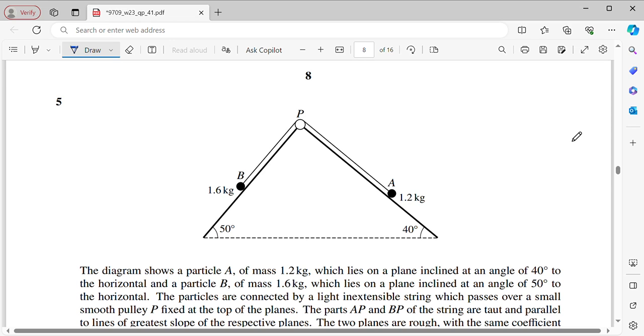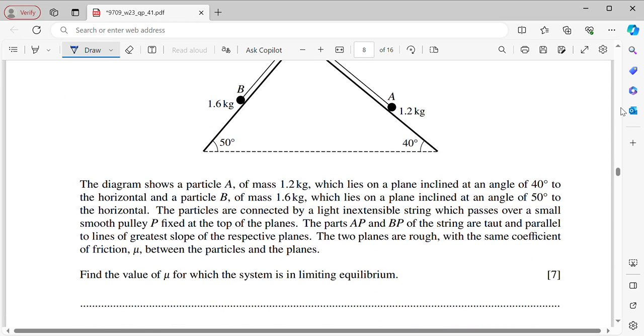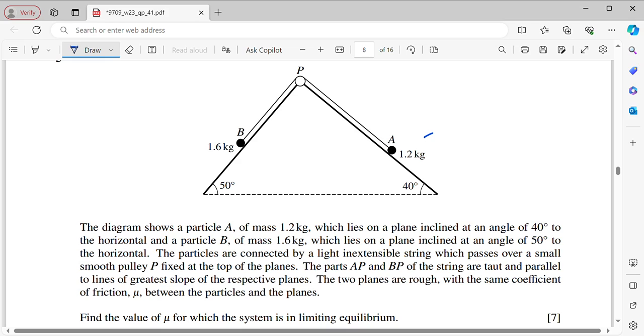The diagram shows a particle A of mass 1.2 kg, which lies on the plane inclined at an angle of 40 degrees to the horizontal, and particle B with mass 1.6 kg, which lies on the plane inclined at angle 50 degrees to the horizontal.